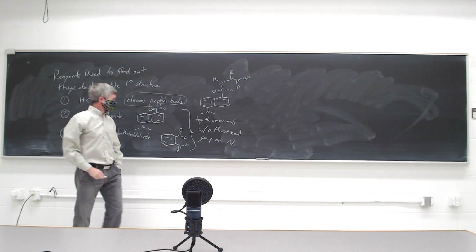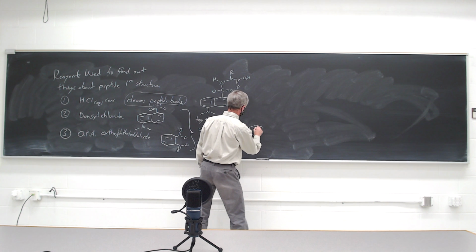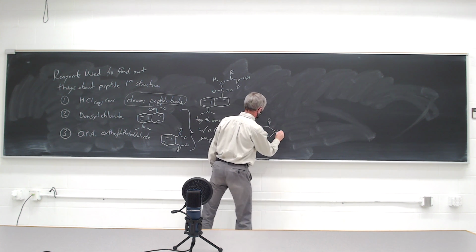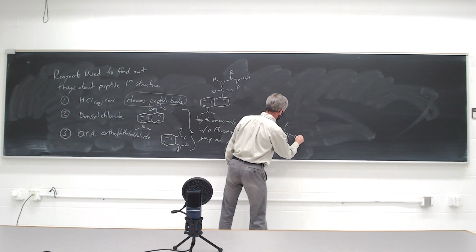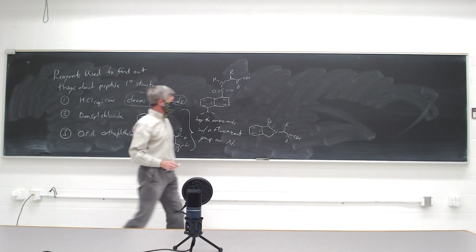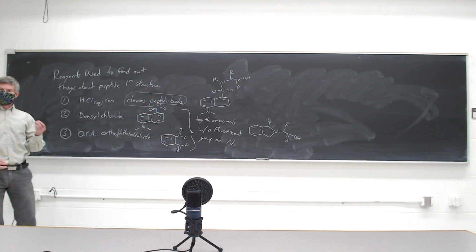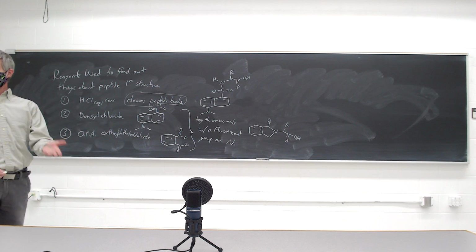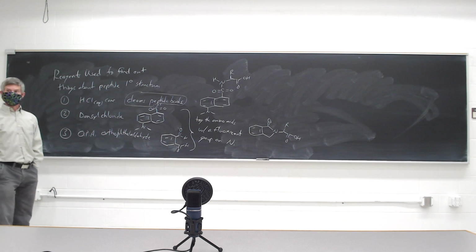Forms a derivative that looks like that. And in the case of ortho-phthalaldehyde, it's a little more complicated. But both of them have introduced a fluorescent group attached to the nitrogen. So we use these to figure out the amino acid composition: how many of each type of amino acid are present in the overall protein, which amino acids are present.